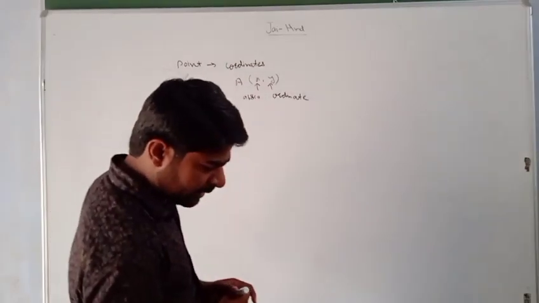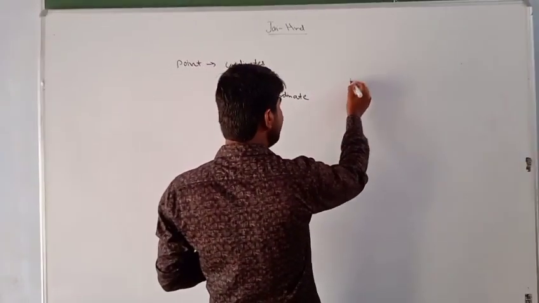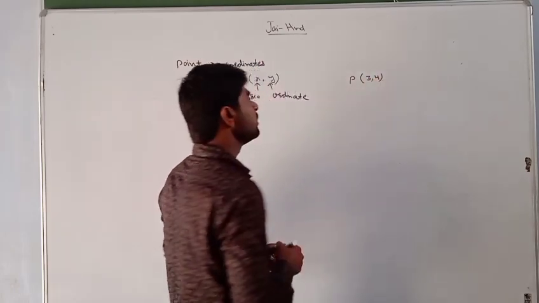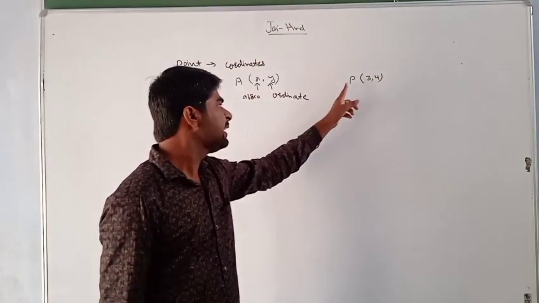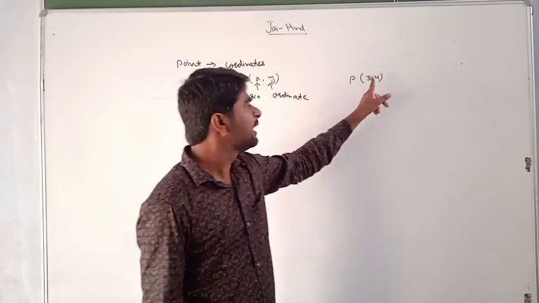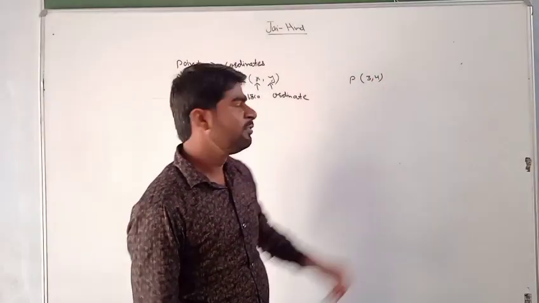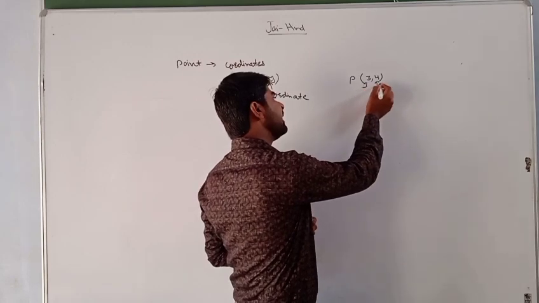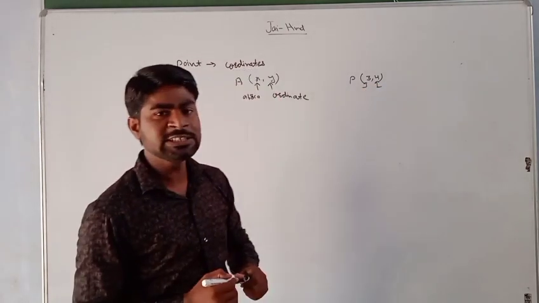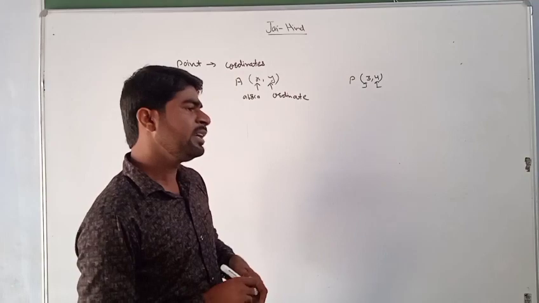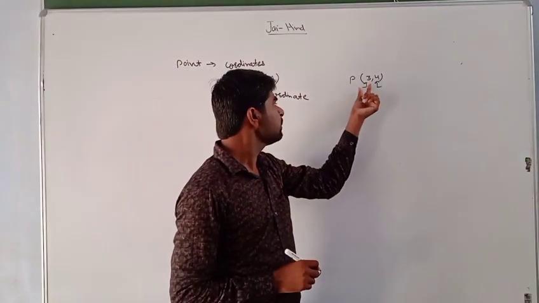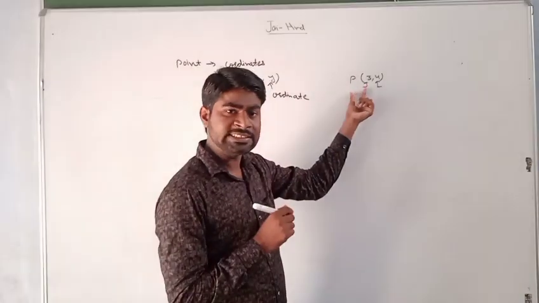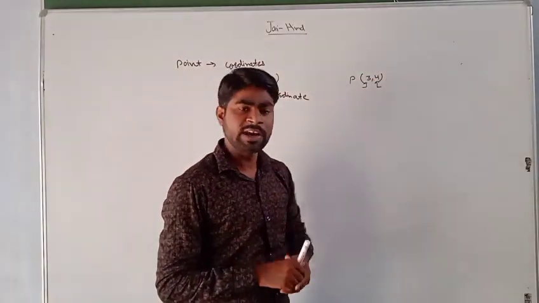Let's take an example: a point P is here, (3, 4). The point name is P and the coordinates are 3 and 4, which means the abscissa is 3 and the ordinate is 4. This point has the value 3 on the x-axis and 4 on the y-axis.